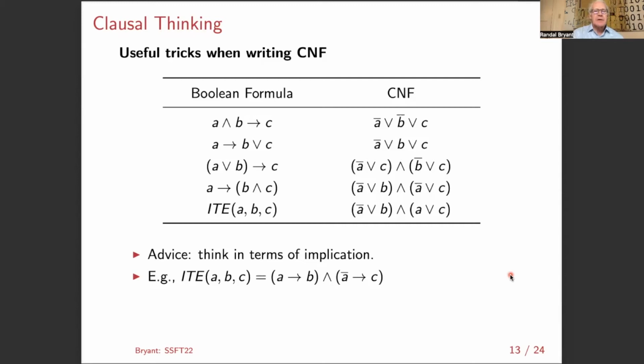So as this first example shows, if I have something like A and B implies C, I can directly convert that to CNF by complementing the first two variables, what are in the antecedent of that implication. And similarly, if I have a disjunction in the consequent, I can just put those directly into the CNF.